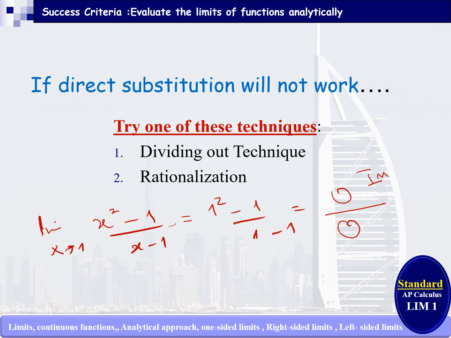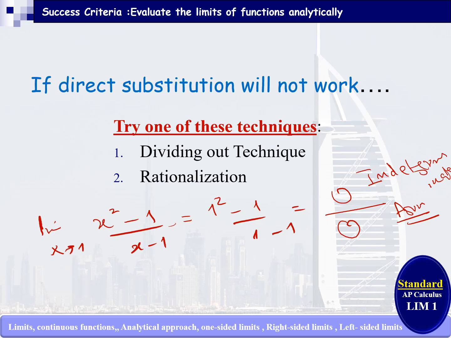so it is said to be the indeterminate form. Whenever I get an indeterminate form, it means either I have a vertical asymptote, or a hole, or some different kind of discontinuity, and then it cannot be solved by direct substitution.